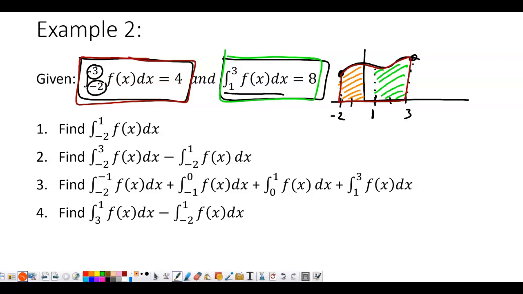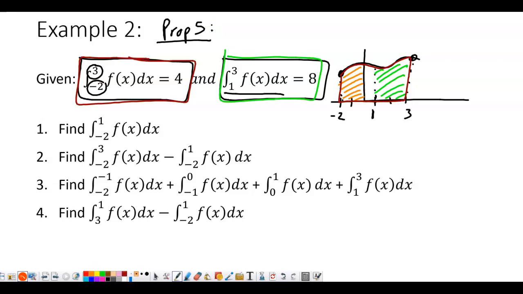And so before we even begin, I'm going to start off with property 5, just to get some more information out of this, because if we don't start here, it'll make things a little bit trickier as we try to do these problems that are coming up.